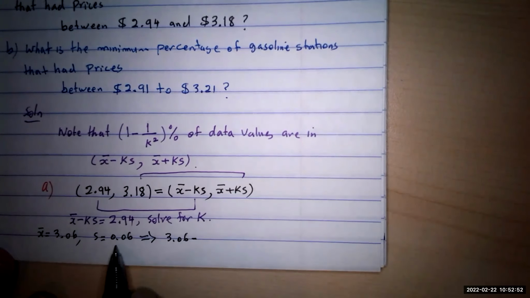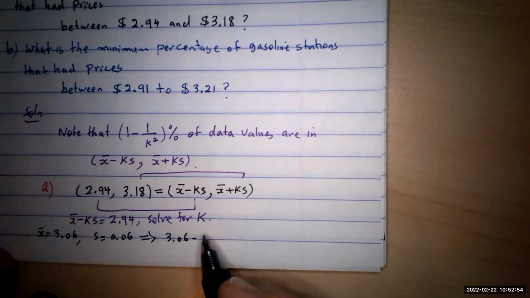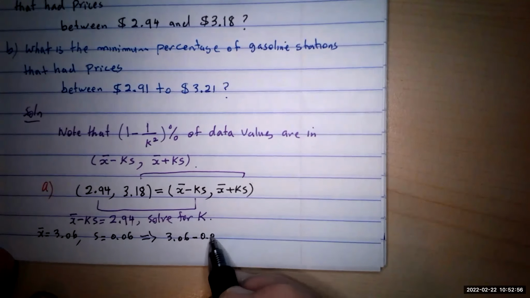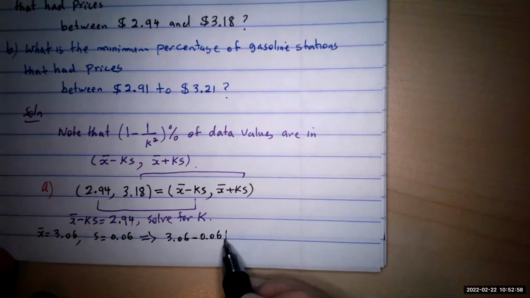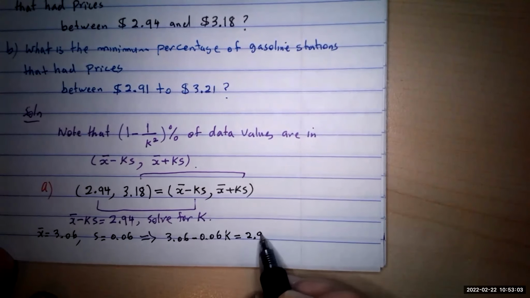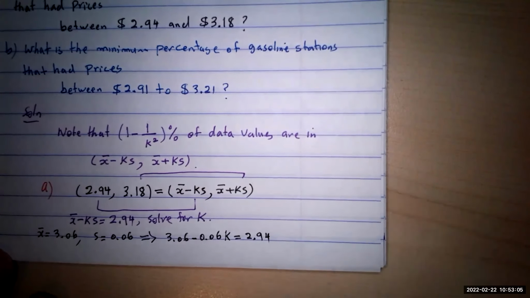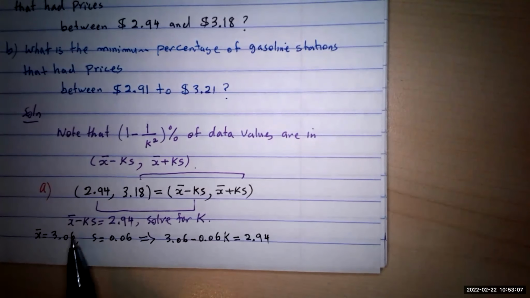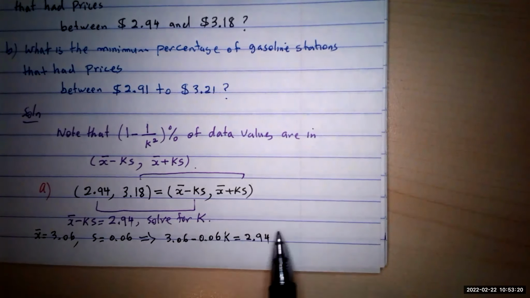So 3.06 minus 0.06 times K is equal to 2.94. Any question? We just substitute. Your X bar 3.06 minus K times S, the K is missing, but the S is 0.06. Now we can move one of them to the other side, or subtract.